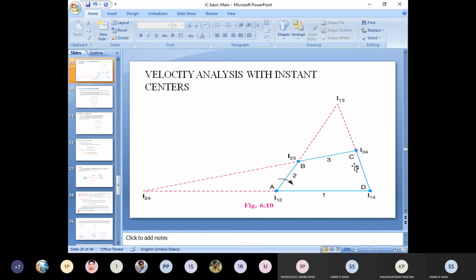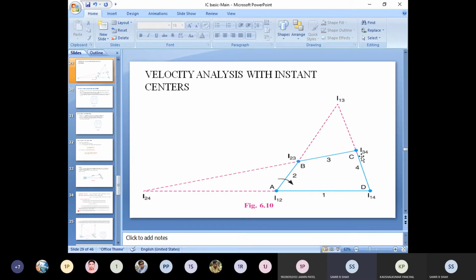Now join links 1 and 2, it is a pin joint, so I get the I center I12. Links 2 and 3 join at point B, called I23. Links 1 and 4 give I14, and links 3 and 4 give I34.